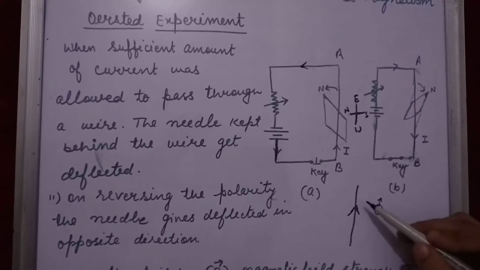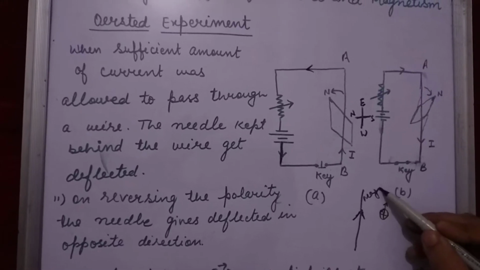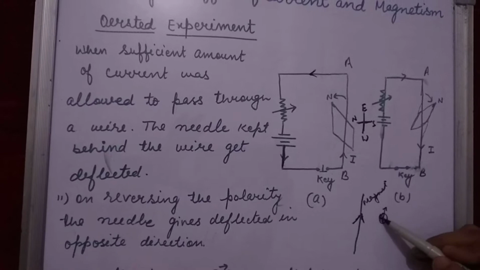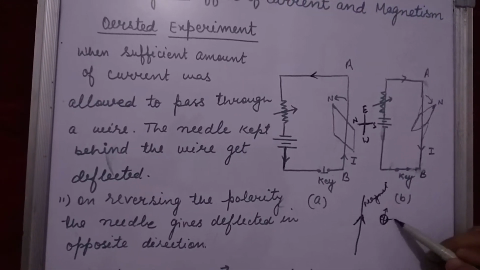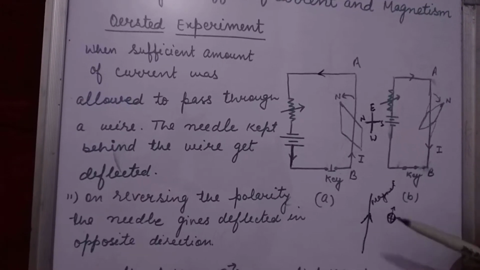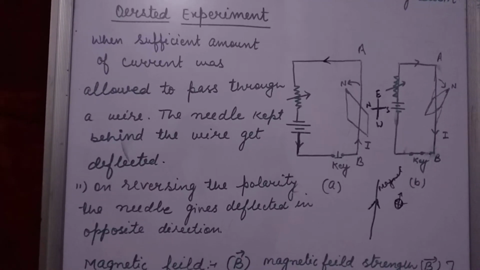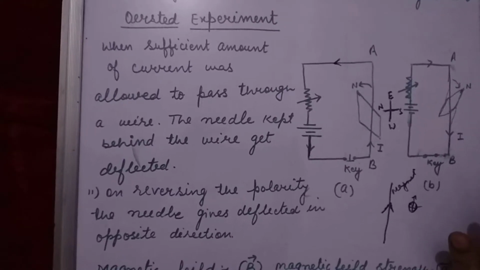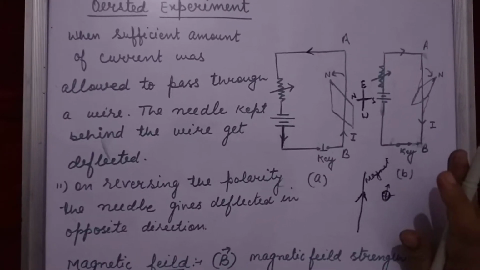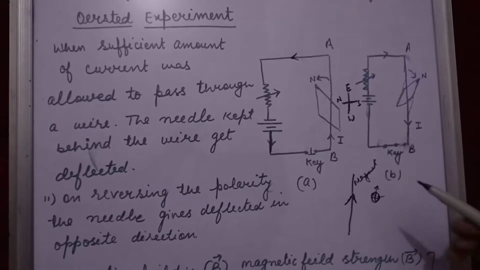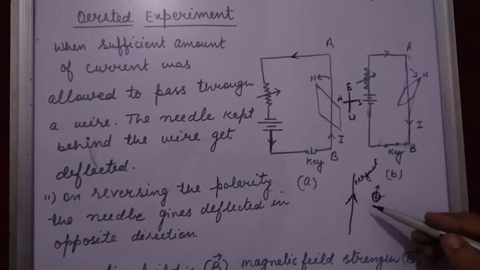So this becomes a magnet when current passes through it, and this magnet will attract or repel the other magnet, because the magnetic needle, the compass, is also a magnet. So we have put the compass needle behind this rod. This was the observation of Oersted's experiment: a current carrying conductor behaves like a magnet.